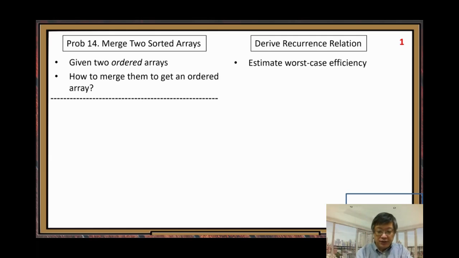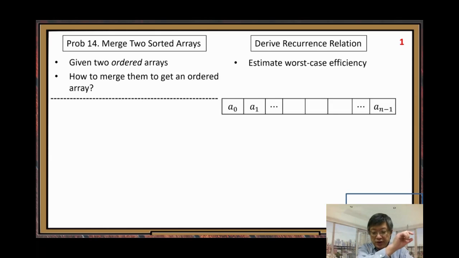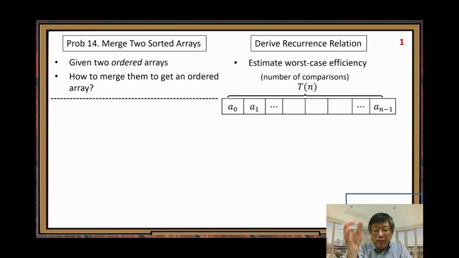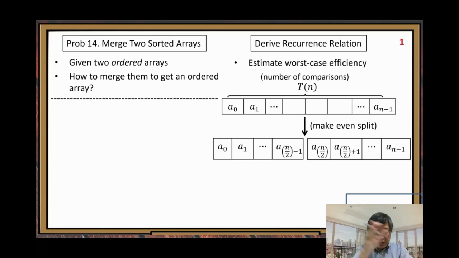All right, so let us do the analysis. This is the whole array, and we use a function T(n) to represent the number of comparisons. Then we split in the middle to get two subarrays with almost the same size.